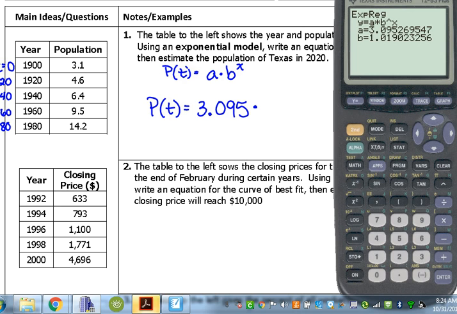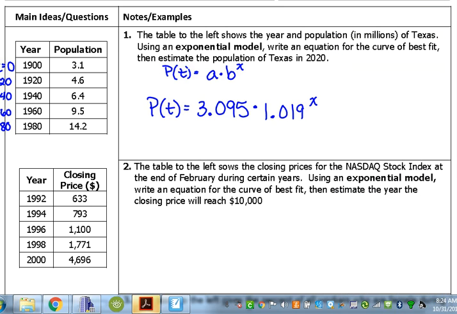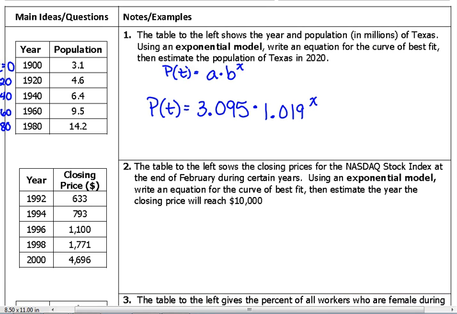I usually round to 3 numbers after the decimal. B is 1.019 to the t. We're talking about time, so use a t as your exponent. Okay, so there's our model.